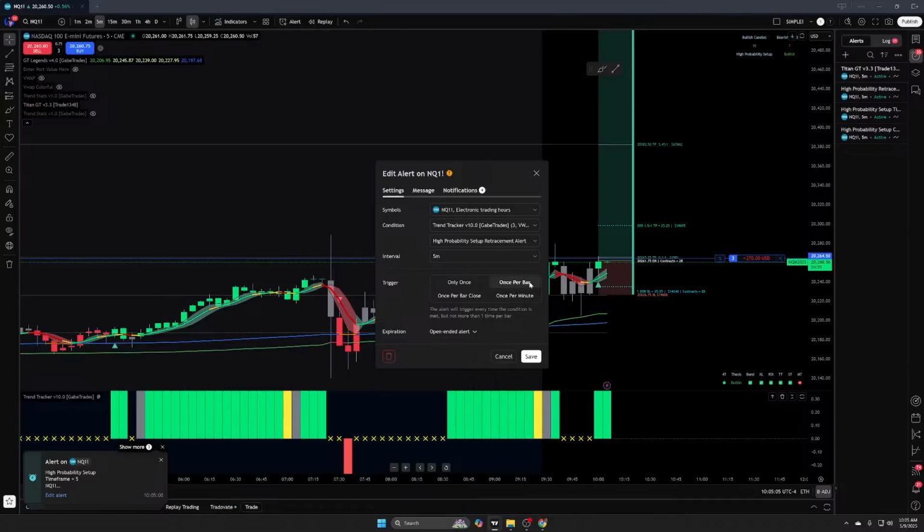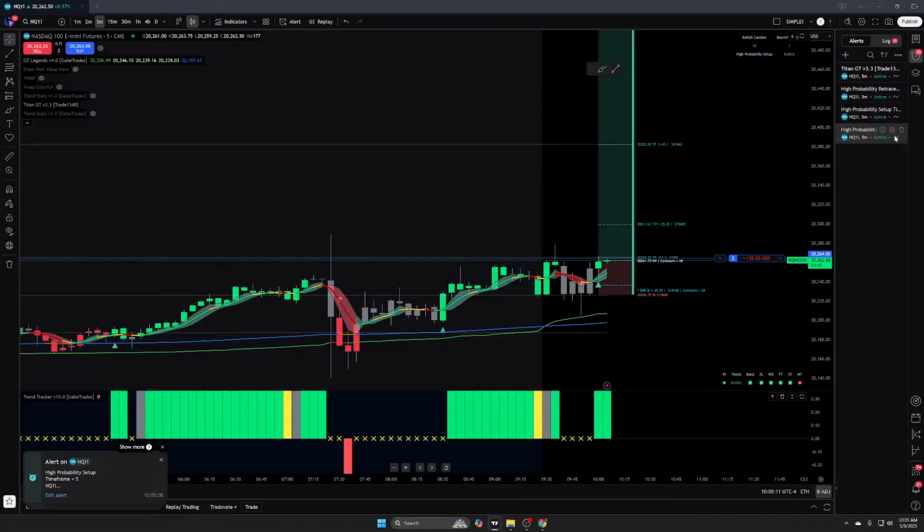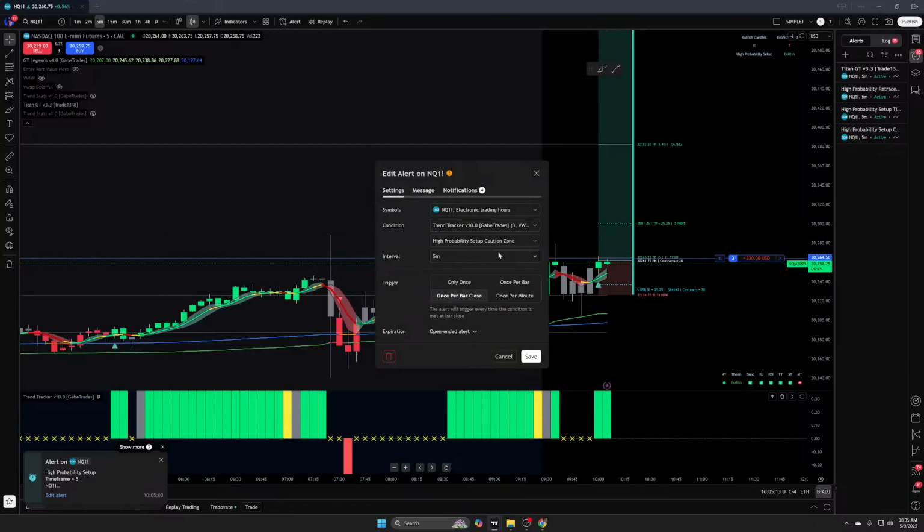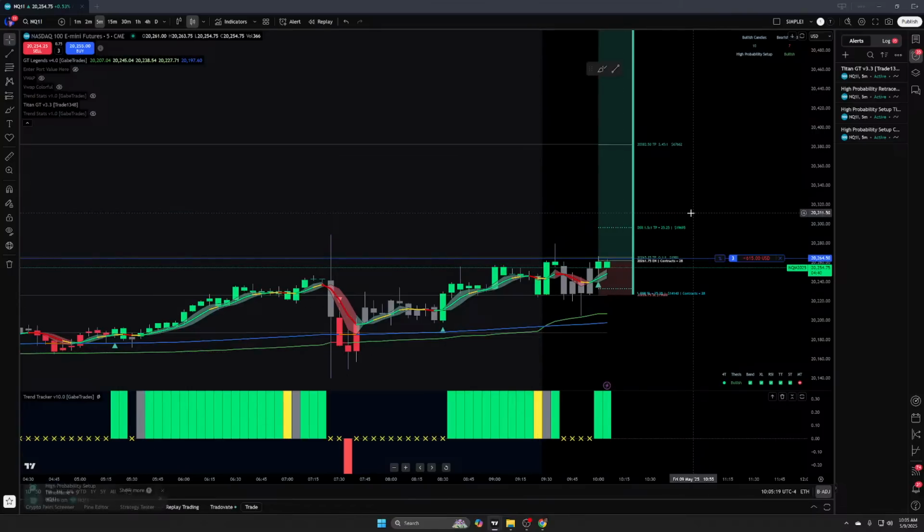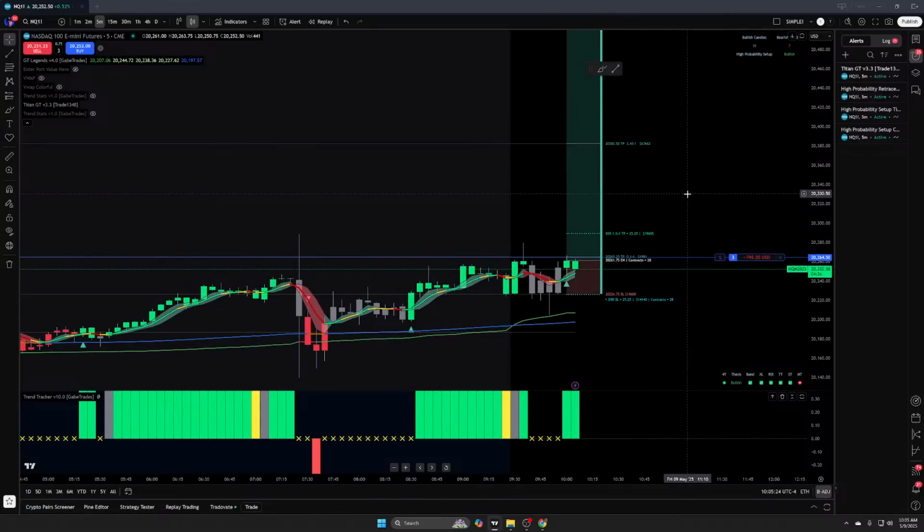That's once per bar. And then the last one here, high probability setup caution zone. I want that once per bar. I hit save, and I'm good to go. Basically, all that's going to happen is I will hang out in this trade until one of those alerts prompts me. That's all I'm really doing, guys.